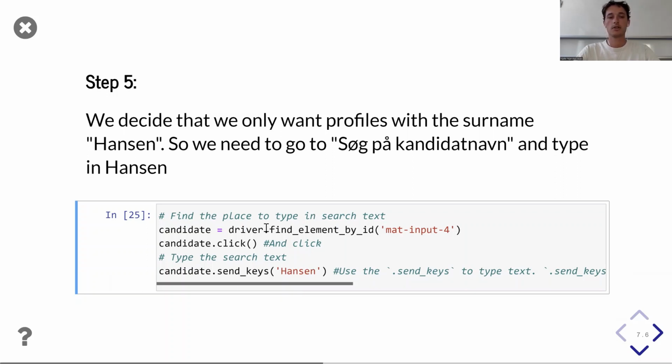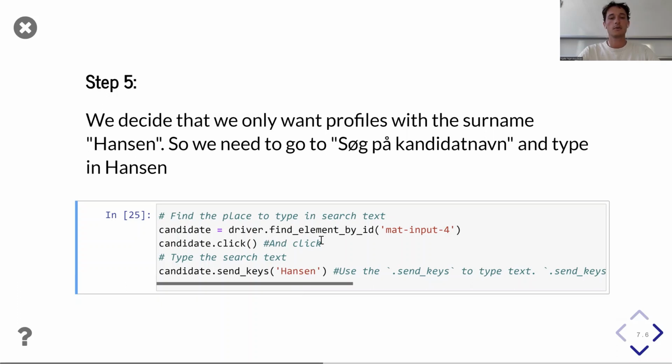So I use the same function as before, find element by ID, type in the ID, and store the object as candidate. And then we click on candidate just as before.